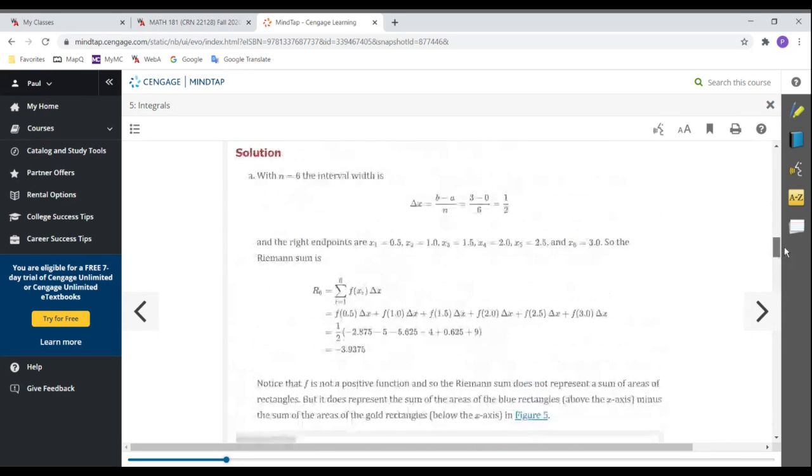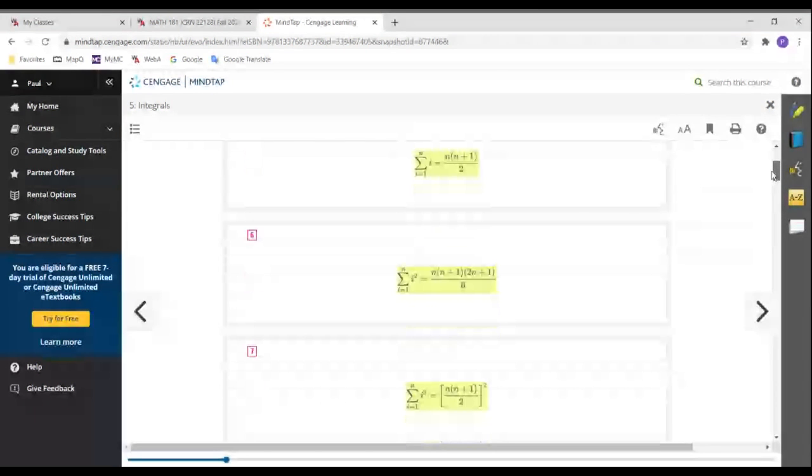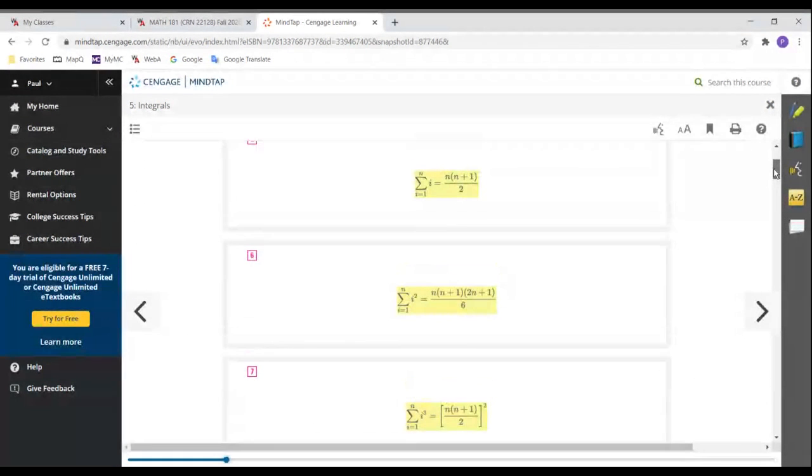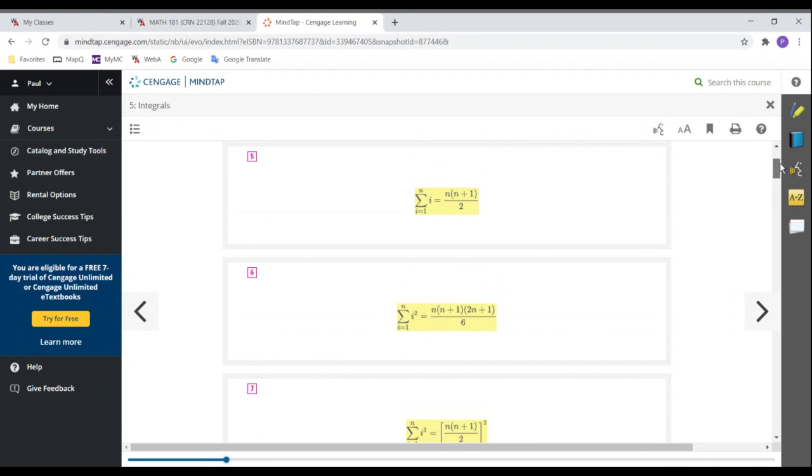So the problems we looked at, remember the two problems where we found an expression for the Riemann sums and then took the limit of those Riemann sums so we could compute the definite integrals. In the two examples we did, we relied on formulas 5, 6, and 7.